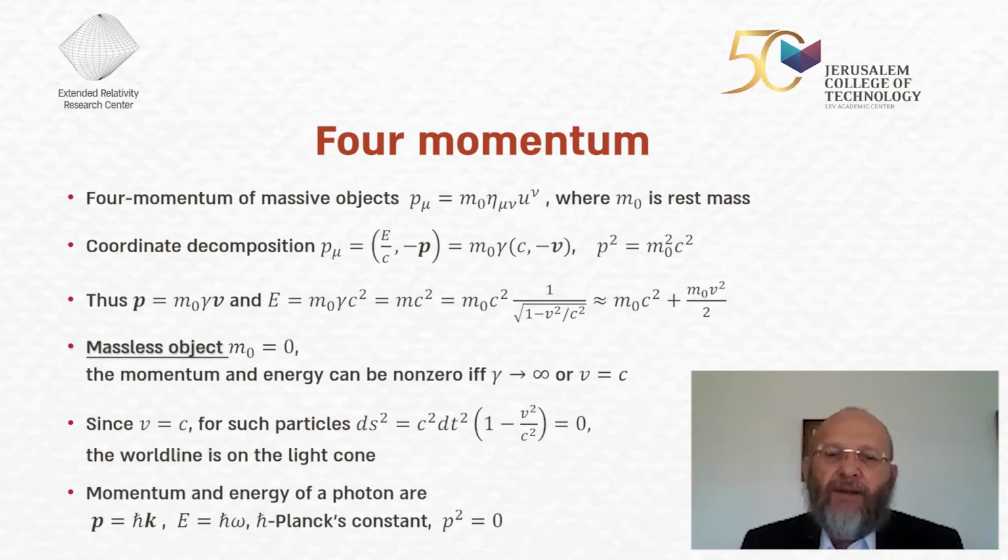The electromagnetic field has a frequency omega. The energy is equal to h bar omega, where h bar is Planck's constant. And the momentum, since p squared has to be 0, is h bar k, and k and omega are connected to make this p squared 0.